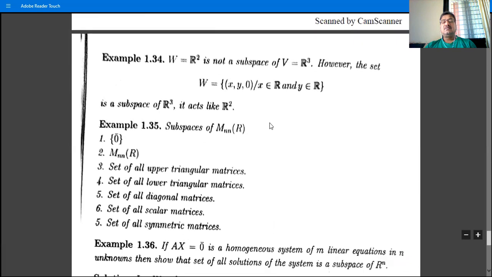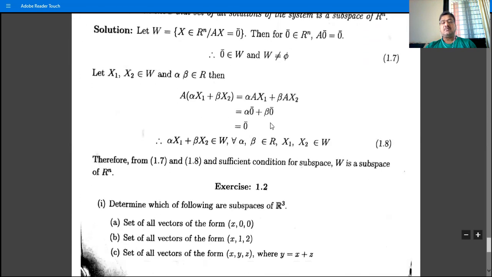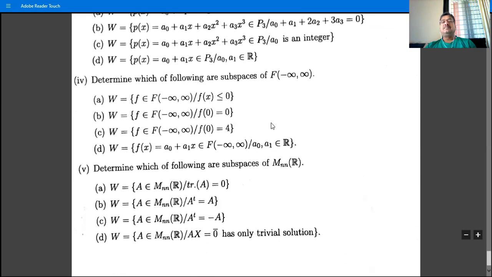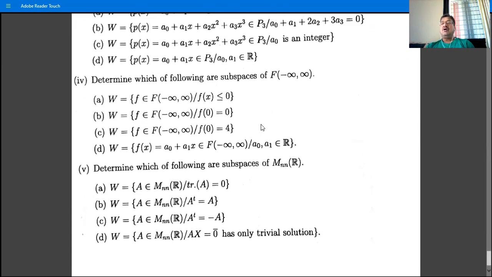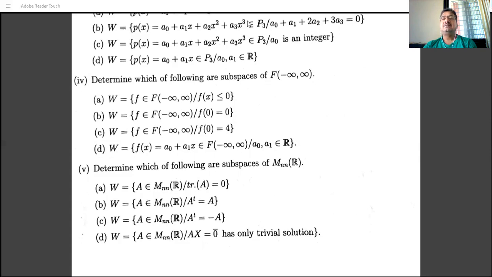A subset W of a vector space V is a subspace if it is closed for addition and scalar multiplication, that is, the addition of two elements of W belongs to W, and the scalar multiplication of any scalar and any element of W belongs to W. Then we say that W is a subspace of V. When W is not a subspace of V, out of these two conditions any one fails. We will discuss the next topic, linear combination and linear span, in the next lecture.